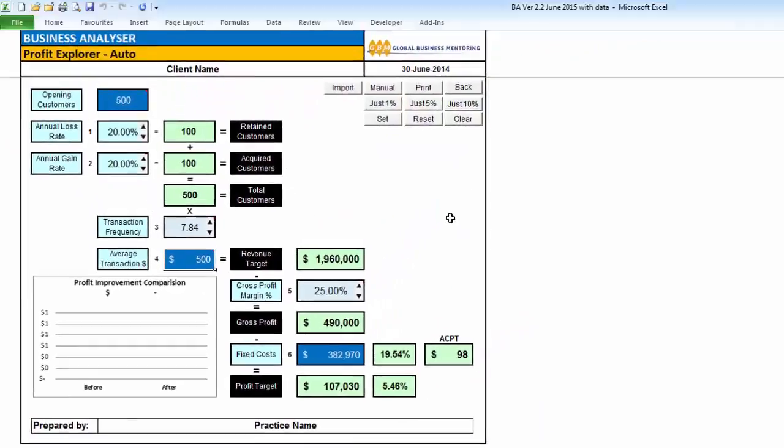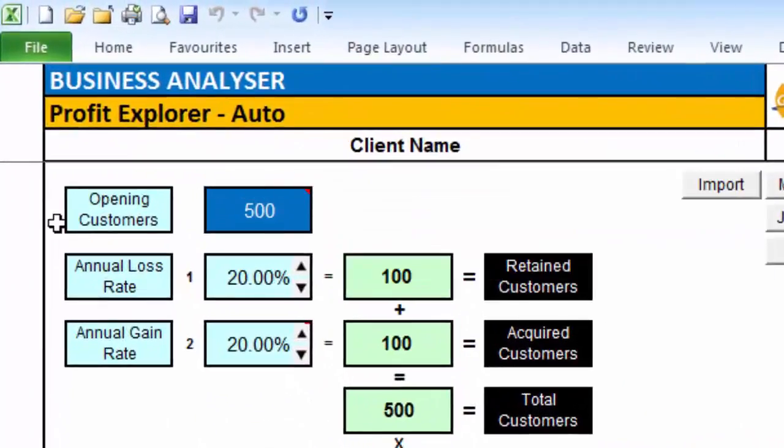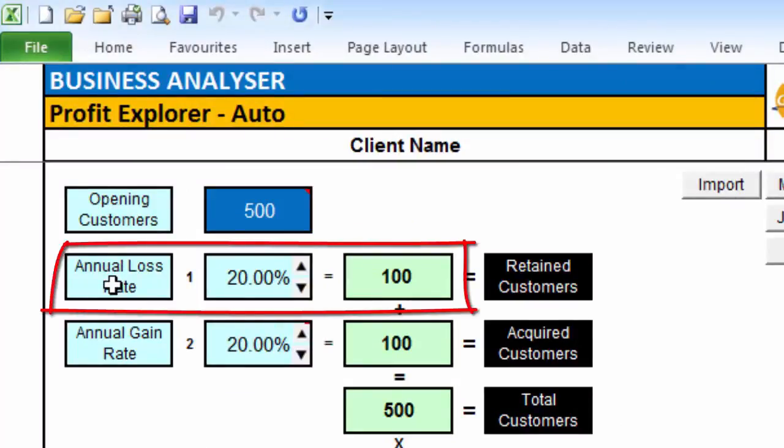And what this does, it provides us with a starting point to develop profit improvement strategies for a particular business. It has provided us with, in the top left hand corner, the opening customer numbers, and then we have the opportunity to determine the loss rate of customers, which occurs in any business every year.